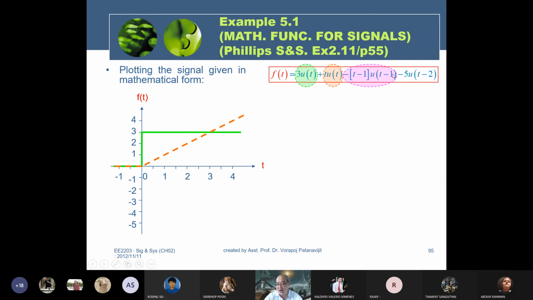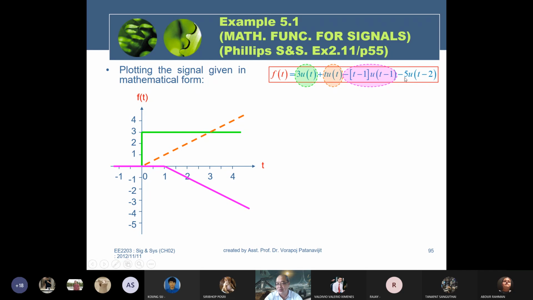Next step is the pink one that we just computed: minus (t minus 1) u(t minus 1). And 5 minus 5u(t minus 1). You can see that this graph is modified from the unit step.